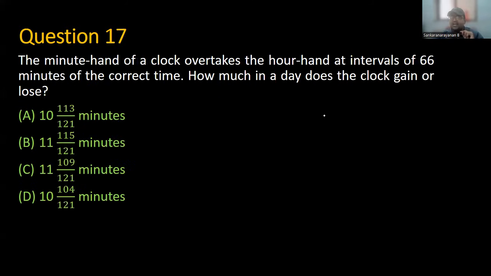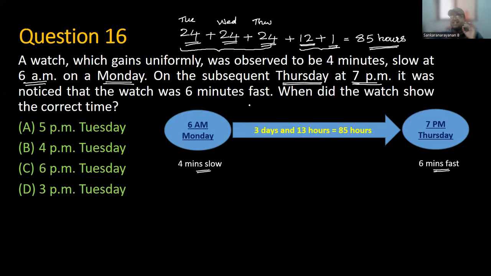Please observe, in the number line format, when it started, it was at -4. When it ended, it was +6. So from -4 to +6, the clock has altogether gained 10 minutes.